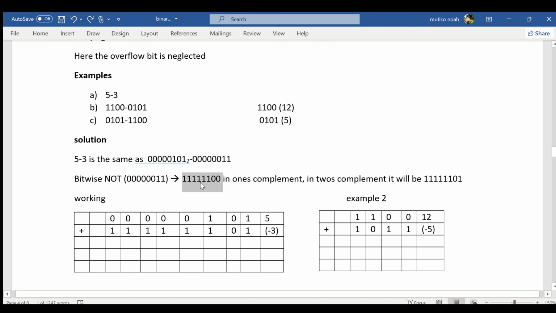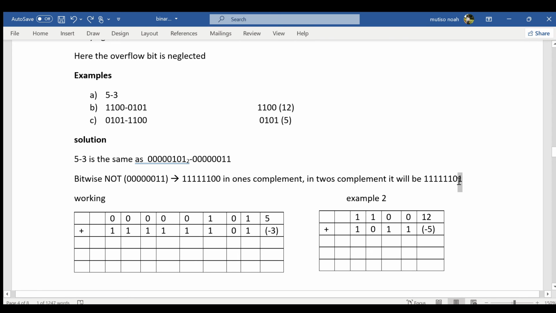So make this one to be in 2's complement. How do you do that? You just add 1. Here you add 2 zeros. Here you have 1 0 and then the added 1.